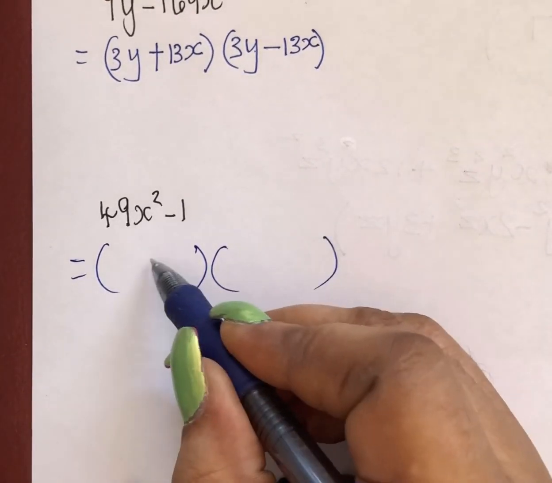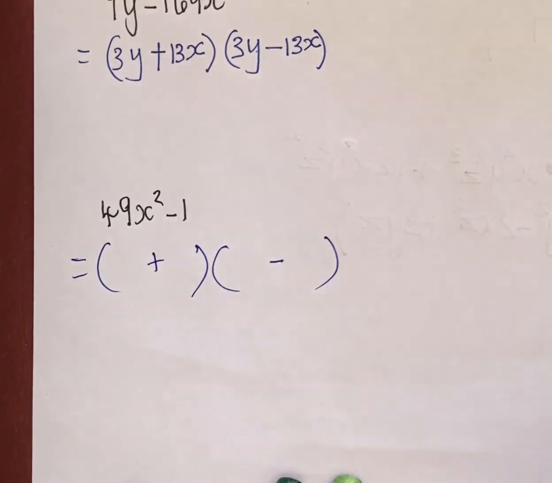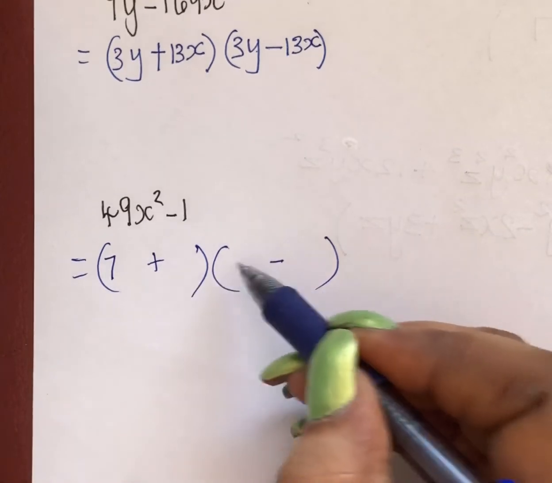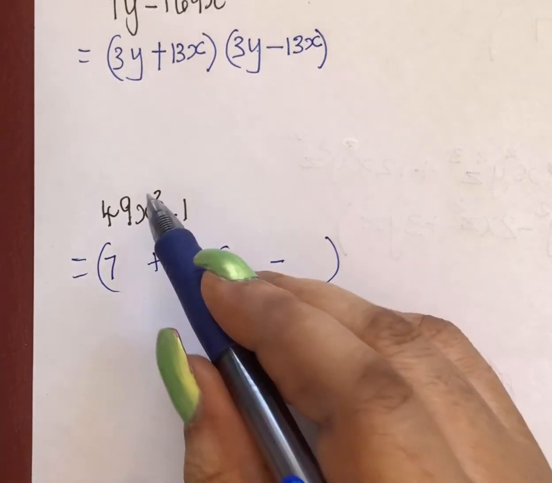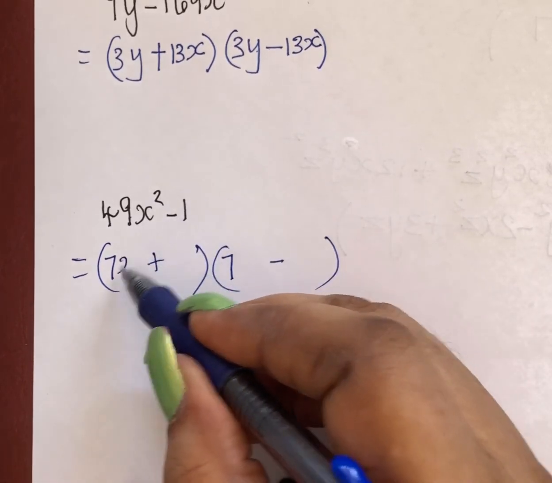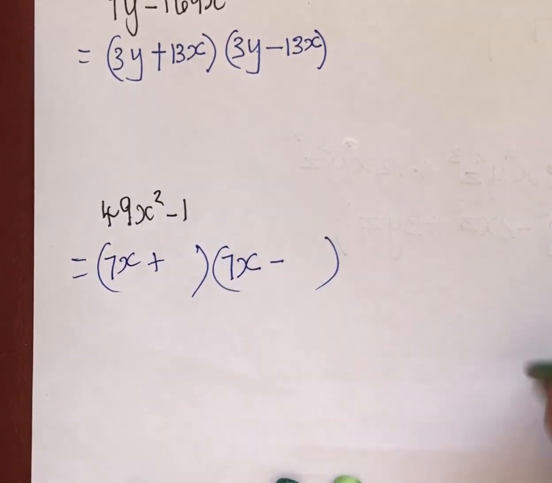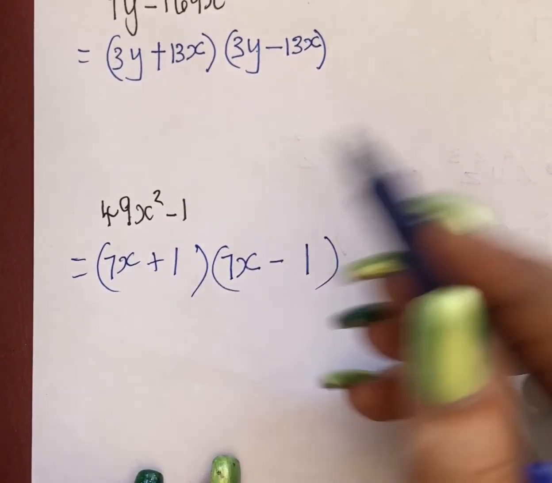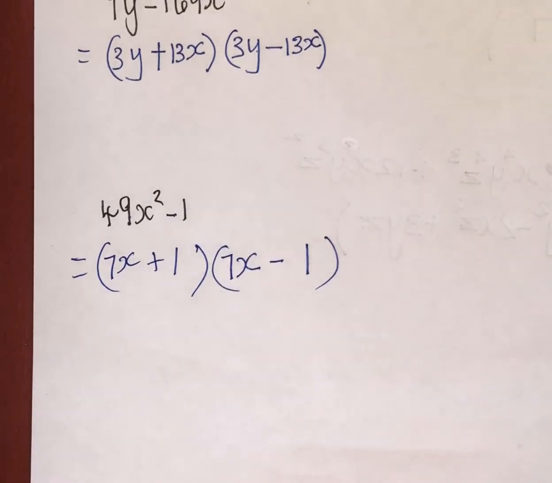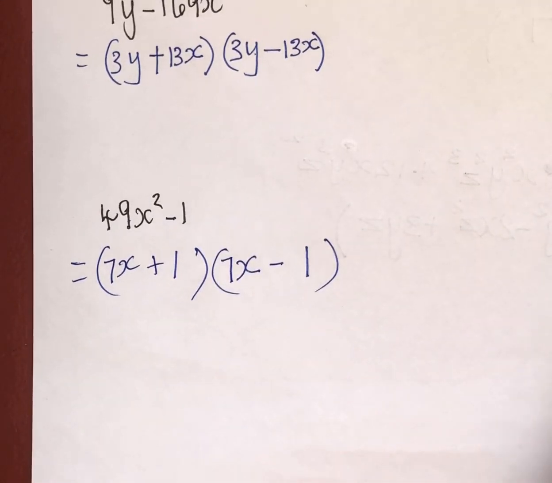Our product, we add and we subtract. 7 multiplied by 7 gives me 49. I need x squared, so I have to multiply x by x. What do I do with 1? 1 multiplied by 1 will give me my 1. And I'm finished.